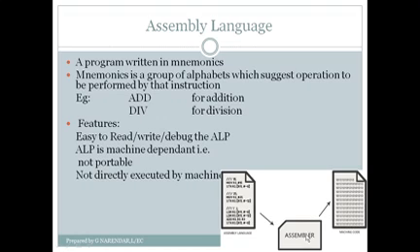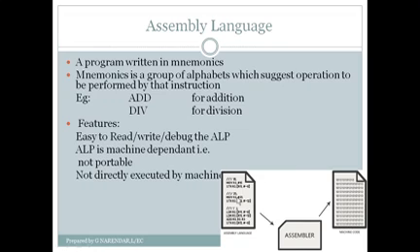The solution is a small software called an assembler, to which we will supply the assembly language program written using mnemonics. And this assembler is the software which converts the assembly language program into a machine language program. So the solution here is the assembler software.